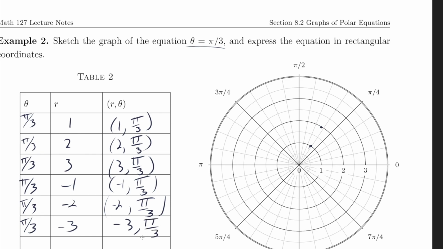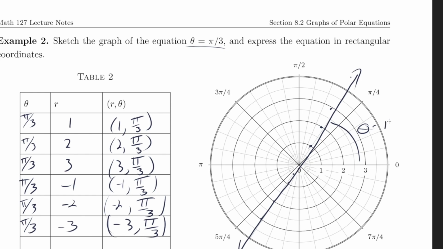This is really all you do when you're graphing this, you slowly just practice. So here we have it go up, and we can also have it come down. And all it does is make a nice little line. Okay, so it makes a line, and this would be the angle pi over 3.